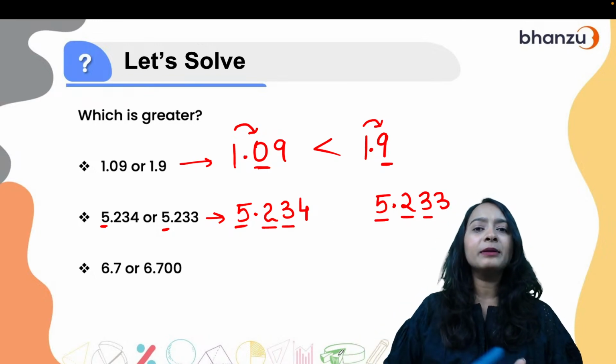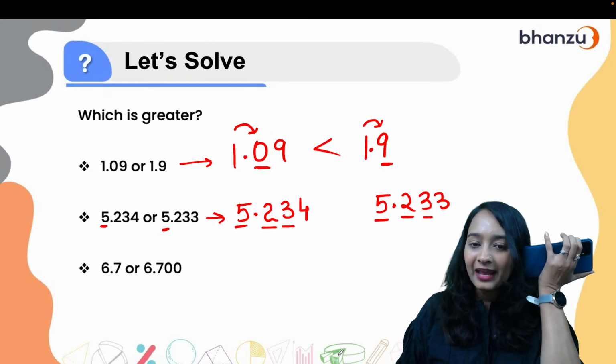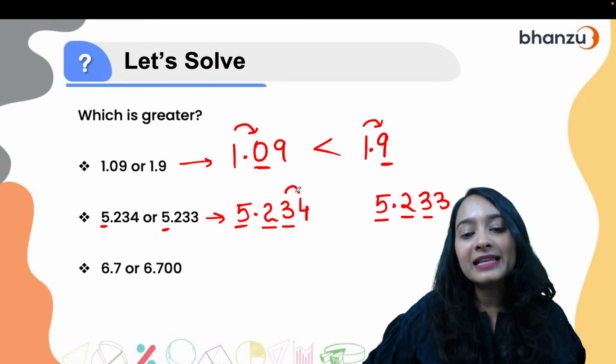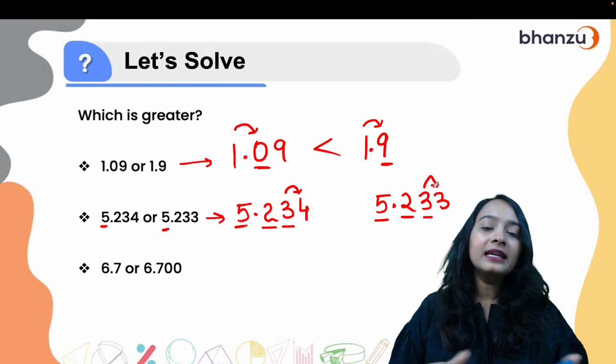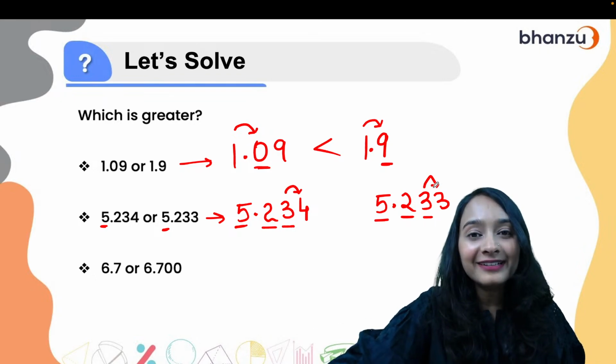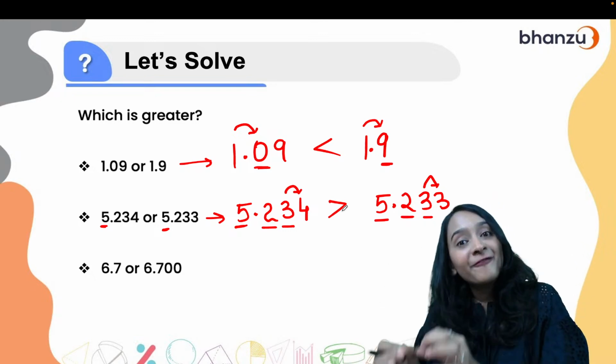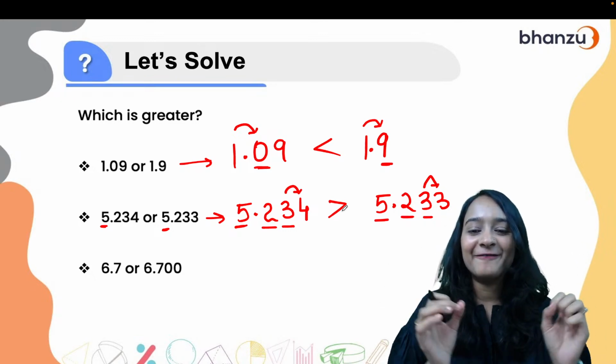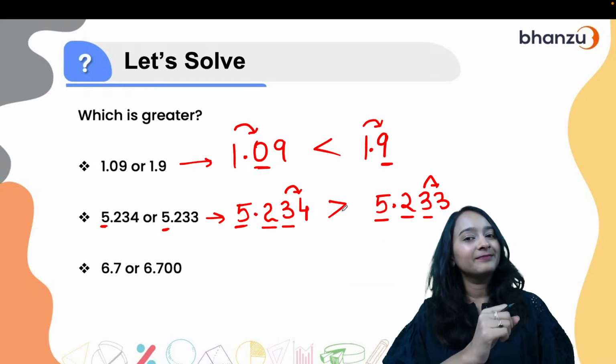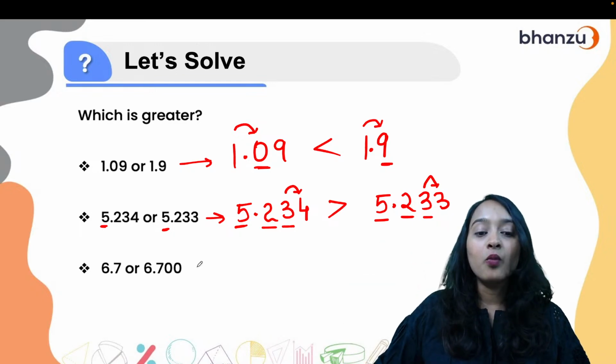Now what is happening? Even this is the same. So we hop on to the next number. 4 and 3. Clearly 4 is greater than 3. So that is why 5.234 is greater than 5.233.